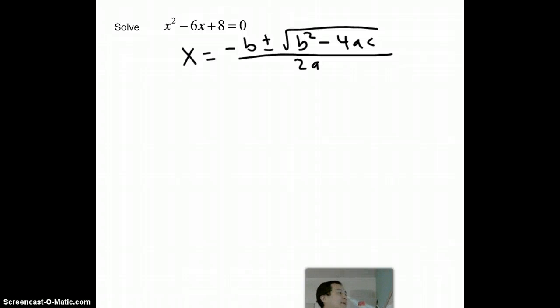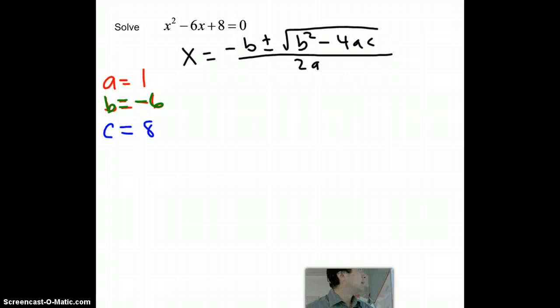First things first, find my a, b, and c. My a equals 1, my b equals negative 6, my c equals 8.